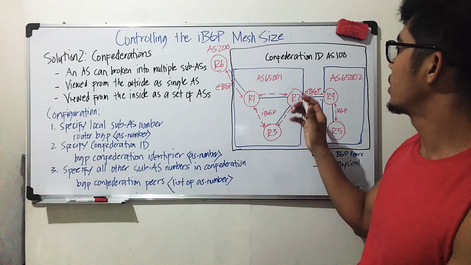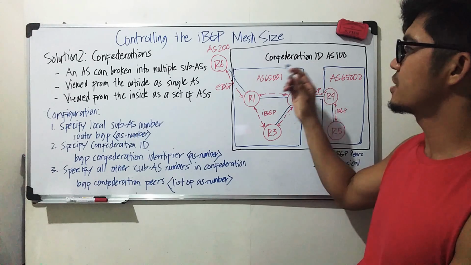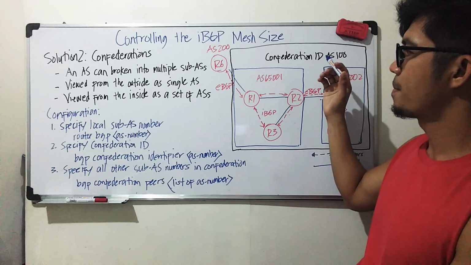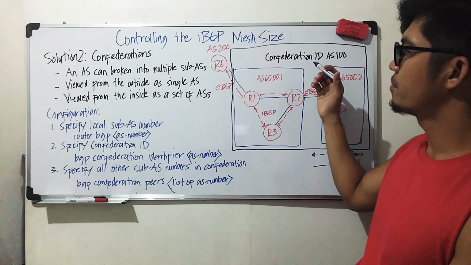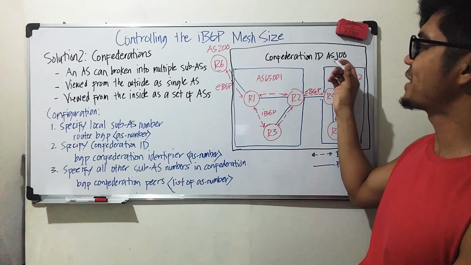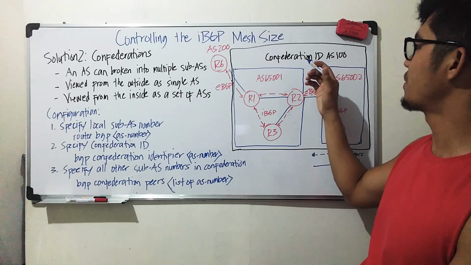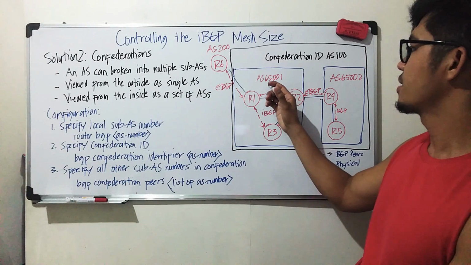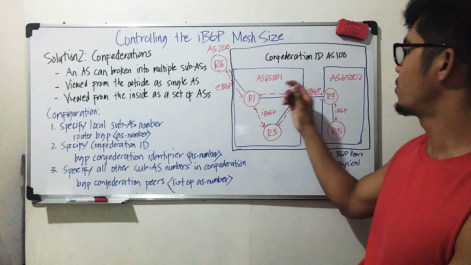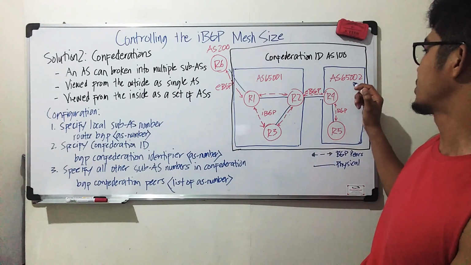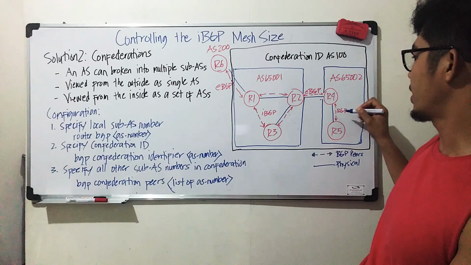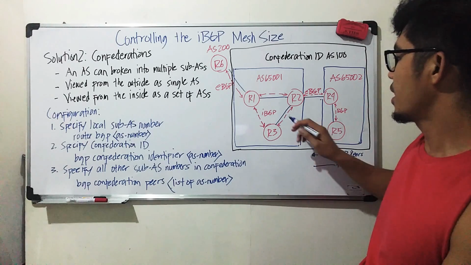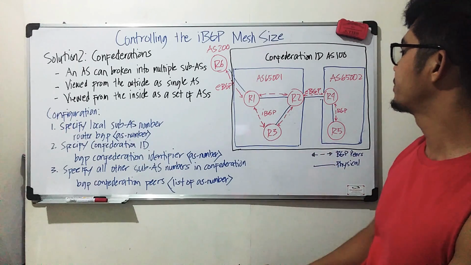Again, AS100 is your confederation ID, and the local sub-ASs are AS65001 and AS65002. The peering here is IBGP, and here is IBGP also.